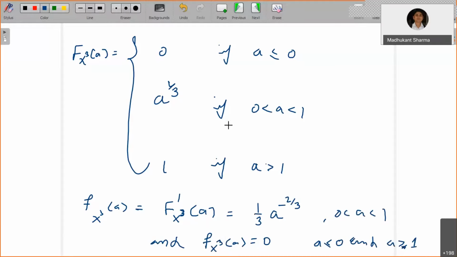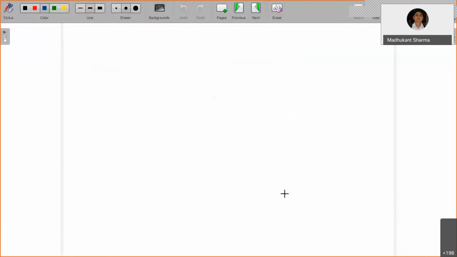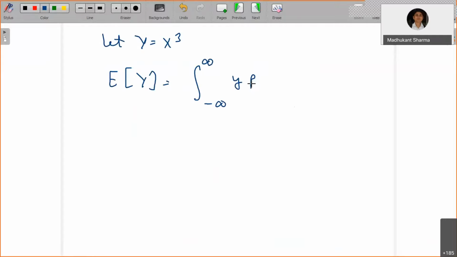Now with this, you can identify the expectation of this random variable, Y equal to X cube. So I'm interested in the expectation of Y, which is equal to the integration from minus infinity to infinity of y times f Y of y dy. Now f Y of y is 1 by 3 times y to the power minus 2 by 3, only in the interval 0 to 1, elsewhere it is 0.